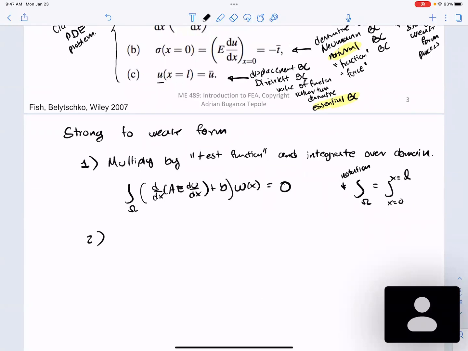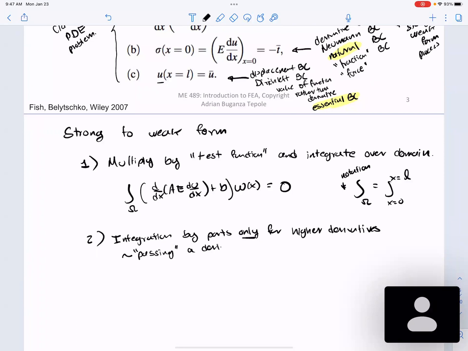Then the second step is to do integration by parts, only for higher derivatives. This is passing a derivative from the unknown function to the test function.